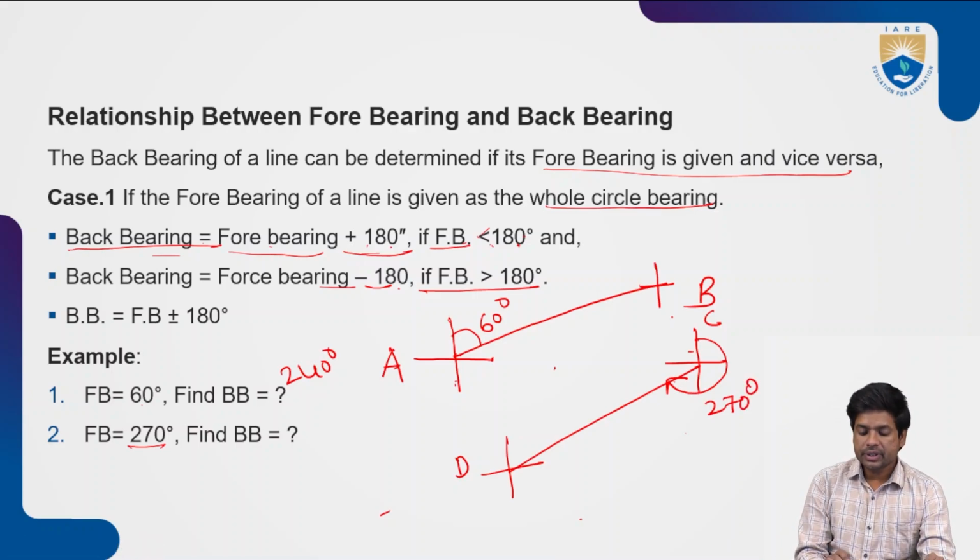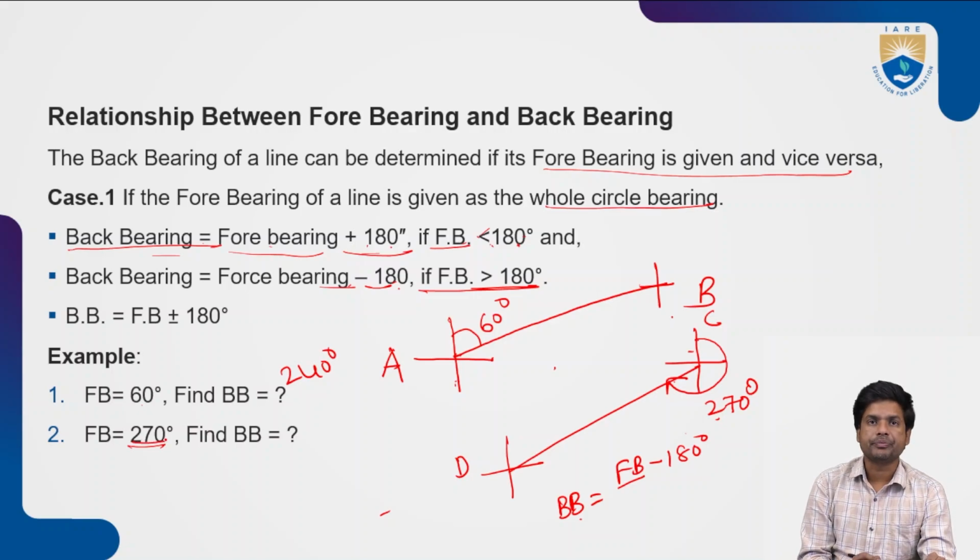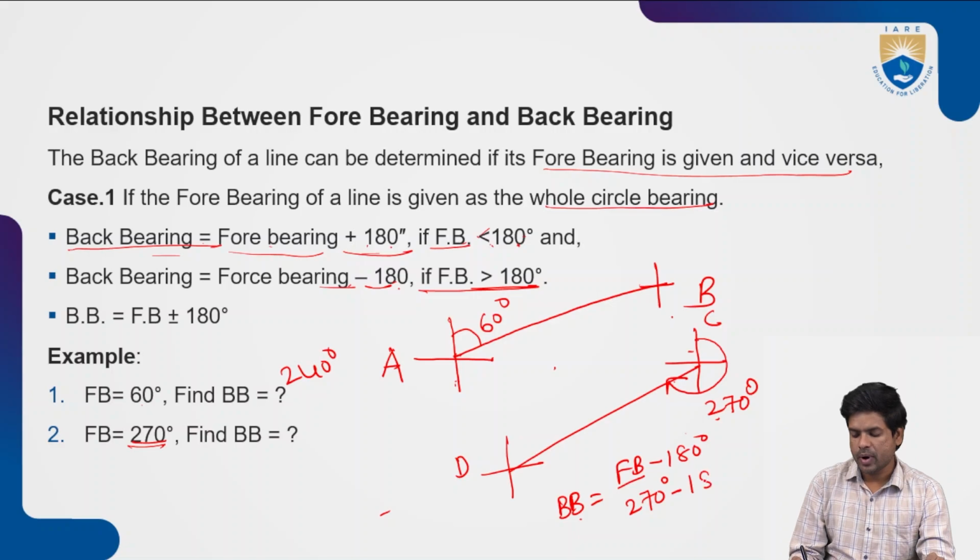So now whenever the forebearing value is more than 180 degrees, here we have the formula that is forebearing minus 180 degrees. So now to calculate the back bearing, use the same formula, that is forebearing minus 180 degrees. So forebearing value is how much? It is 270, right? So 270 degrees minus 180 degrees.